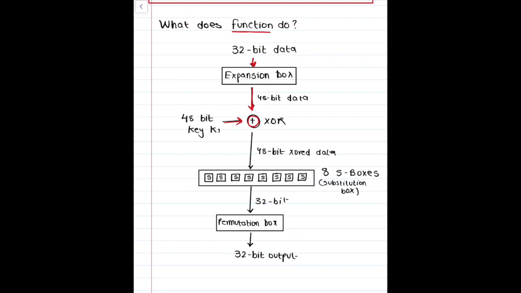This 48-bit data is then passed into 8 substitution boxes, and the result is 32 bits of data. The substitution boxes converted the 48 bits of data to 32 bits. These 32 bits are then finally passed through a permutation box, and the final result is a 32-bit output. This 32-bit output goes on to be XORed with the left half of the plaintext and becomes the right half of the plaintext for the next level.